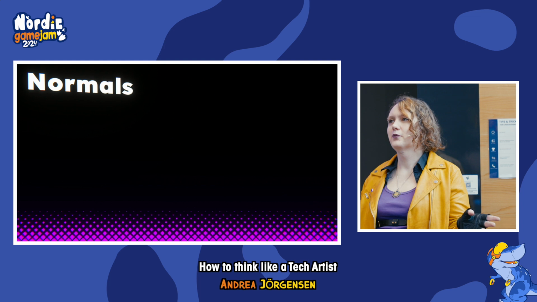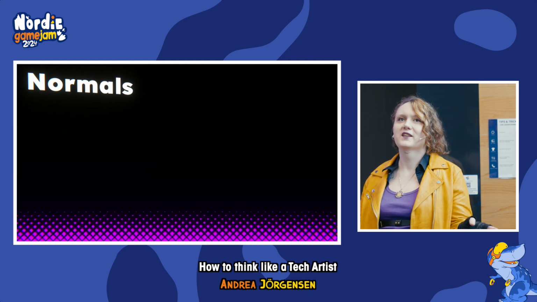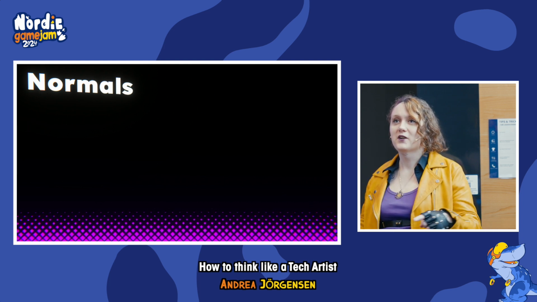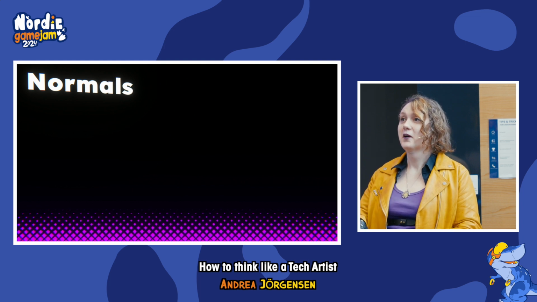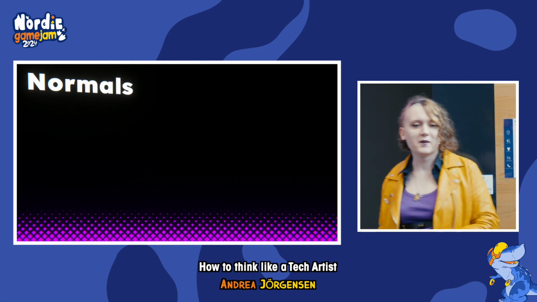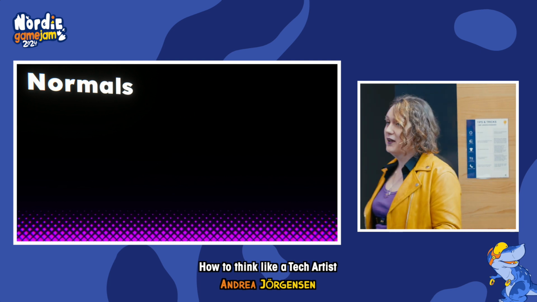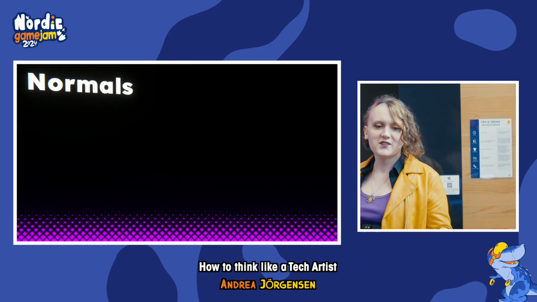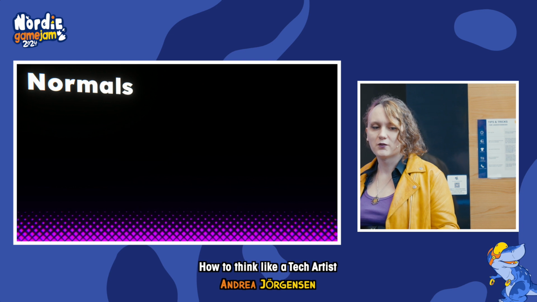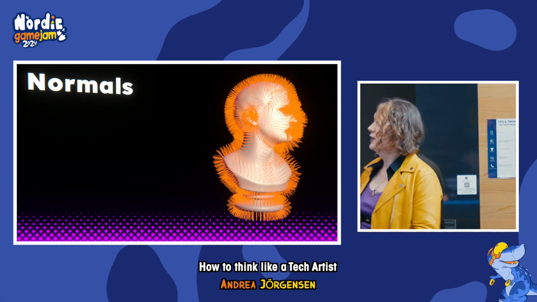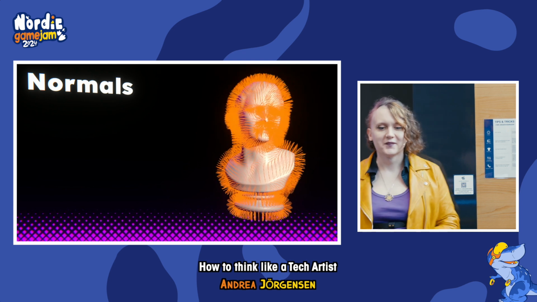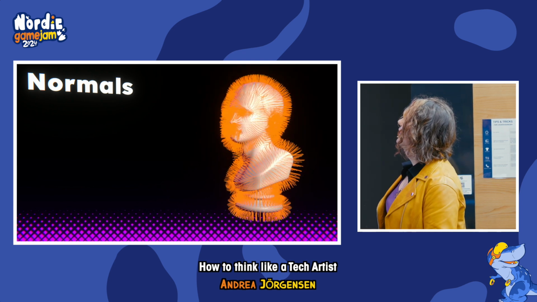Okay, give me hands up for who here knows what a normal is? Okay, who here knows on a technical level what a normal is? It's okay, not bad. If you don't know the math term for it, it really just means the direction directly away from the surface. Sorry for the very spooky, hairy bust here.